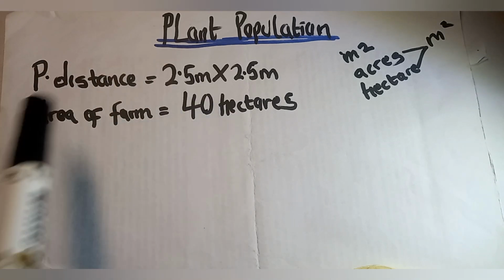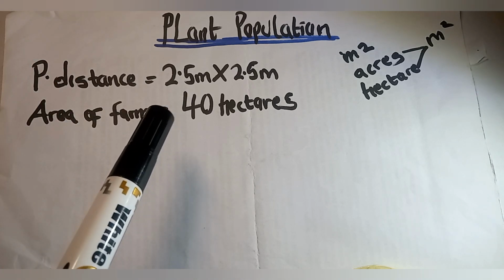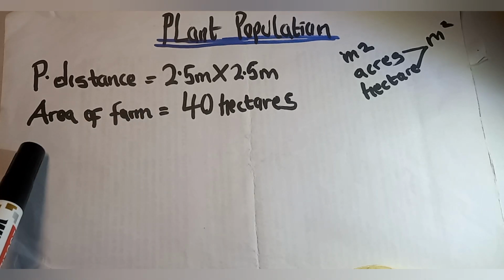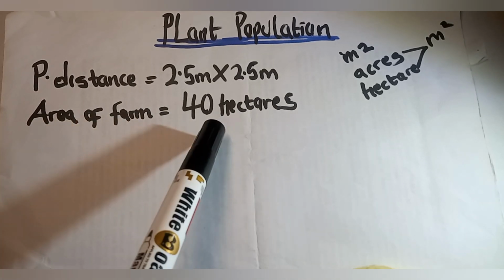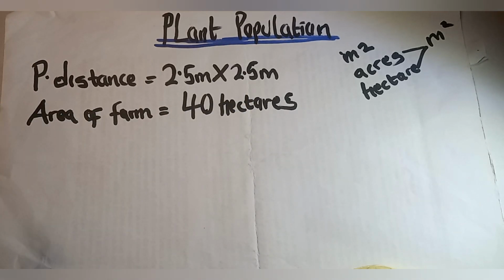They gave me that the area of the farm is 40 hectares. Don't forget what I told you. First, make sure that you convert your units to meter square.